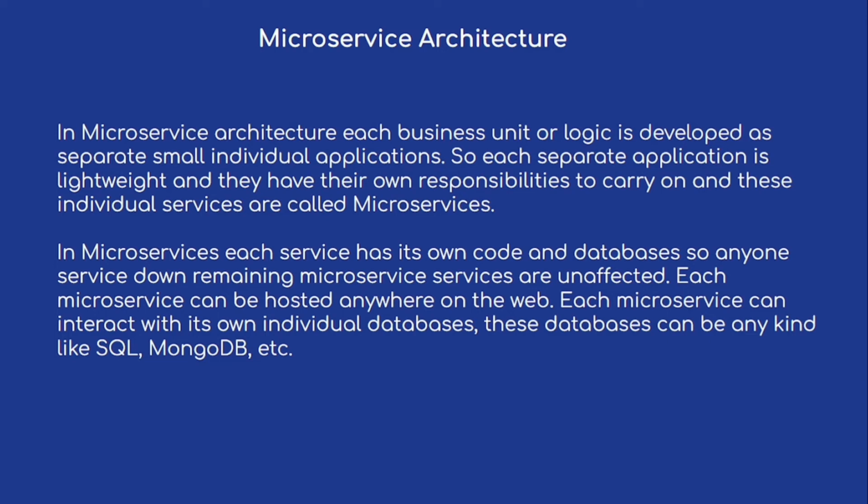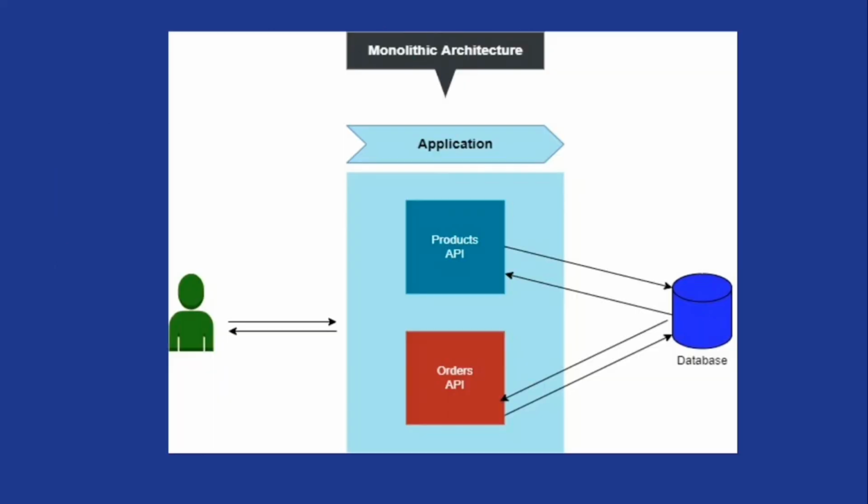Each is divided into individual applications, so each will be hosted individually. If one microservice is down, it won't affect the other services because they are not dependent on each other. Whereas in monolithic, every logic is under a single application, so if one is down, the entire application might be down.